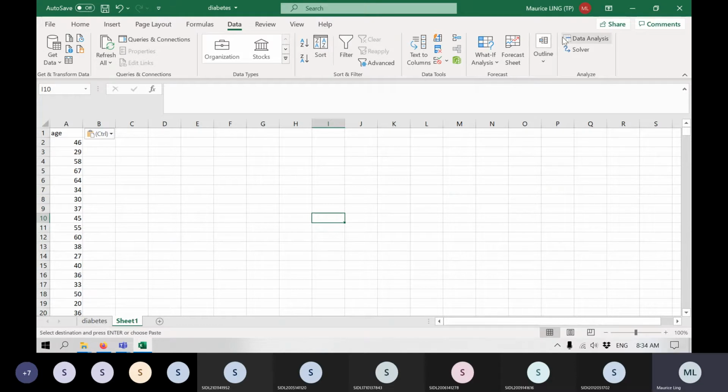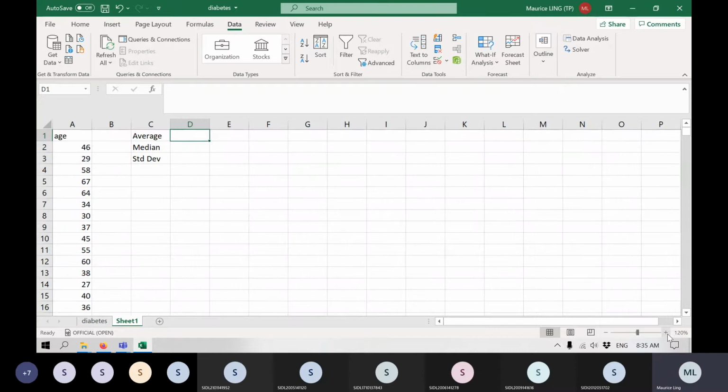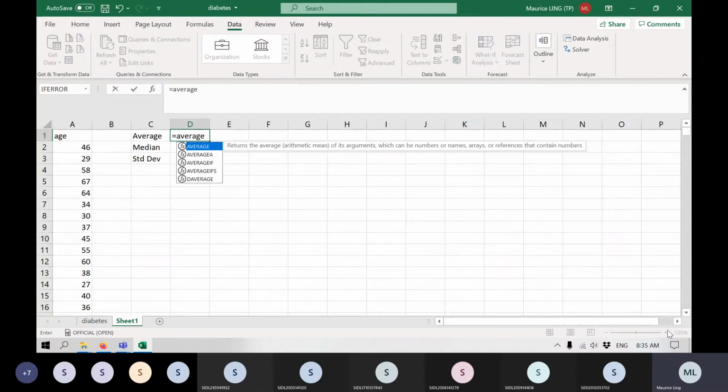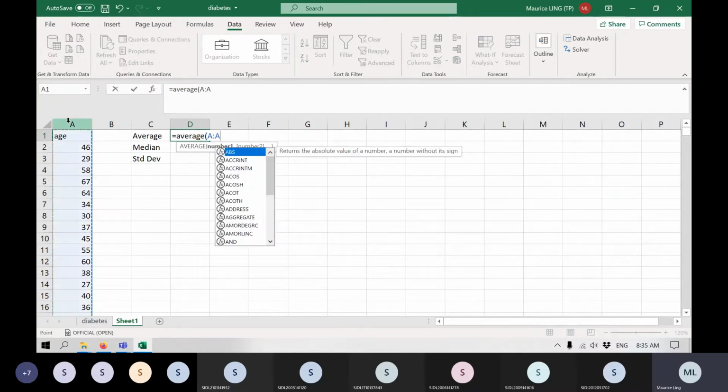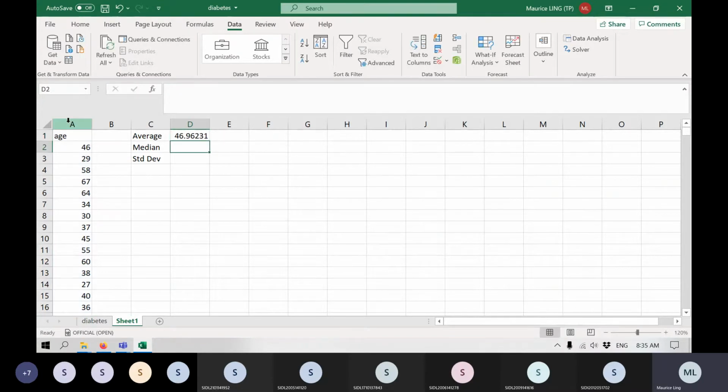I can do it using formulas, and you should also learn how to use formulas. I can find the average age, median of the age, the standard deviation of the age. Average is average. You highlight the whole column and find the average age, which is about 47 years old.